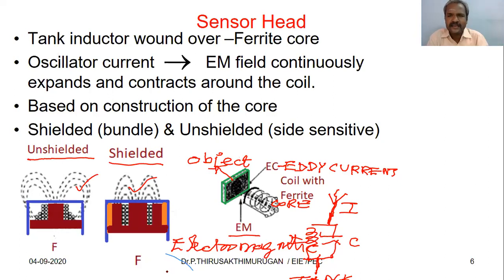When current is passed through the tank circuit, that is called the oscillator current, you can also write I oscillator.